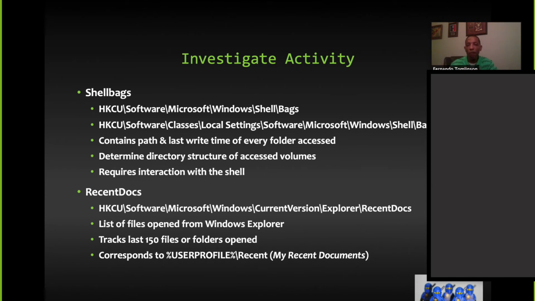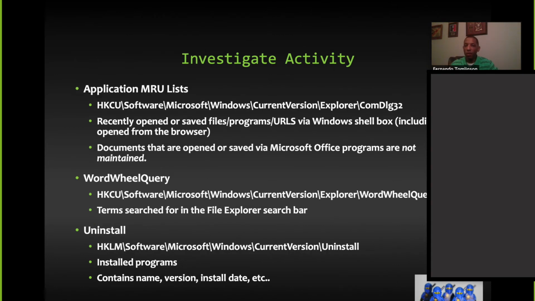We also have RecentDocs, right? A little bit different from the other recent one that we talked about. This is going to track the last 150 files and folders that were opened. And again, this is based upon the user's profile. So from an investigative perspective, we start to see aspects we can utilize for investigations.